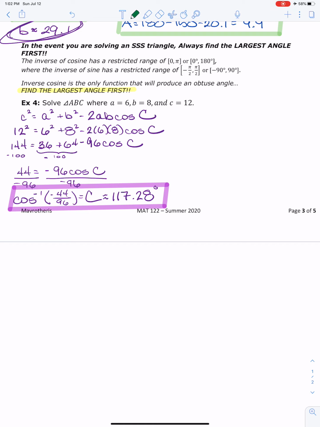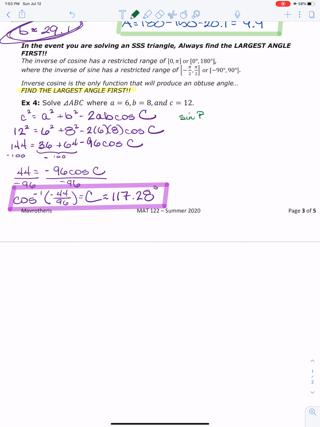Now, I know that I've got an obtuse angle. There's only going to be one in 180 degrees, the three angles in a triangle. Doesn't really matter if I find angle A or angle B first. Out of habit, though, I always just go largest to smallest. So I'm going to find angle B next.